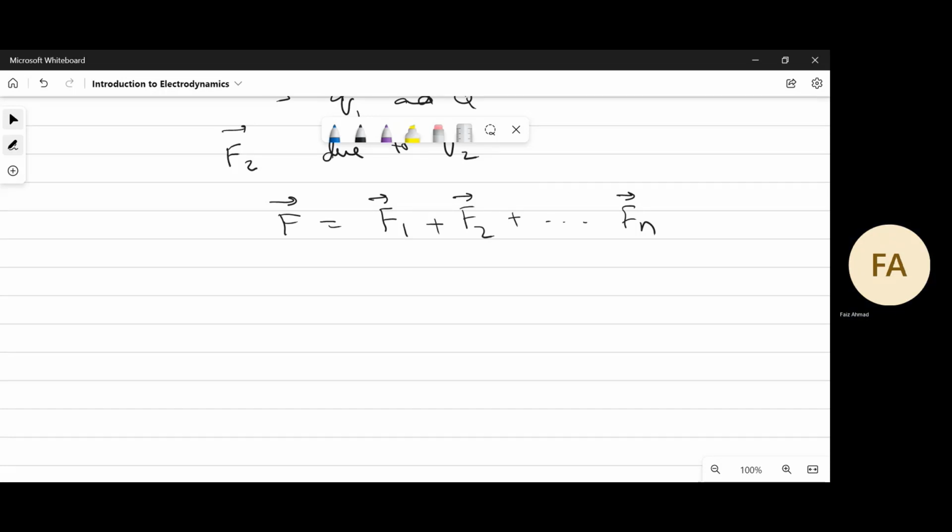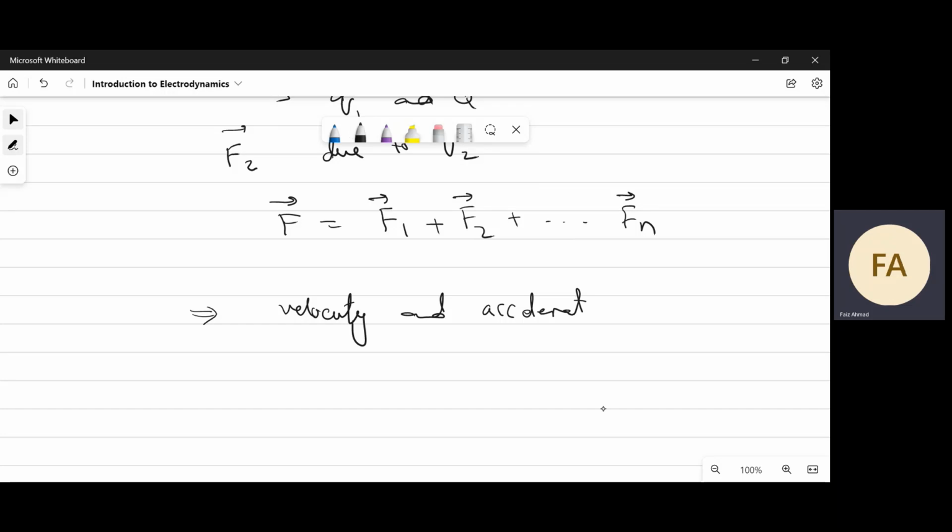But as the charges are moving, the force depends not only on the separation vector, but also on the velocity and acceleration. As charges are moving, they can have velocity and acceleration.